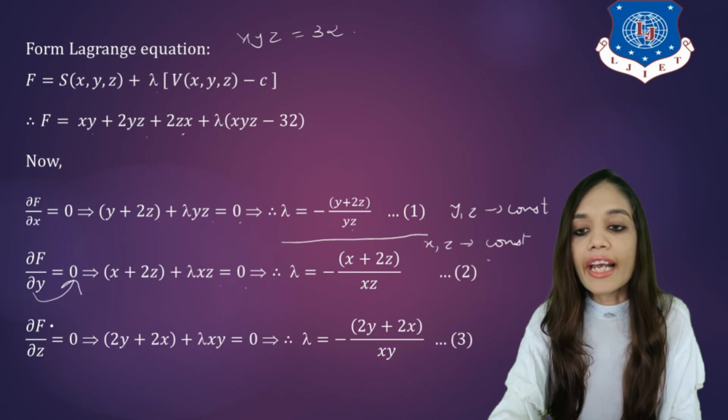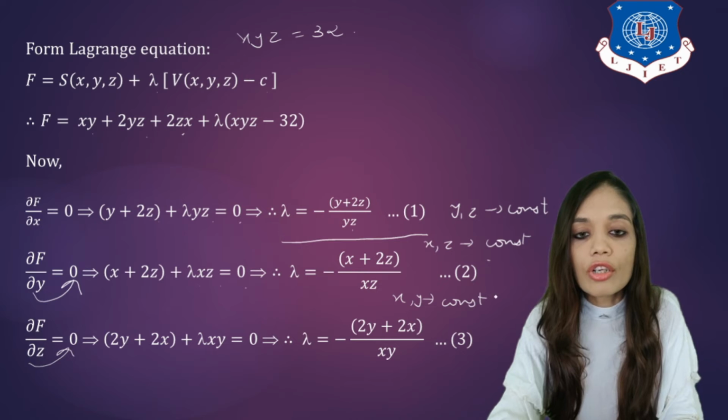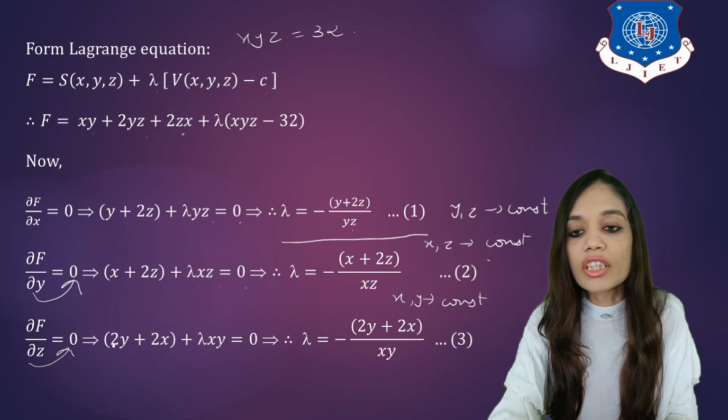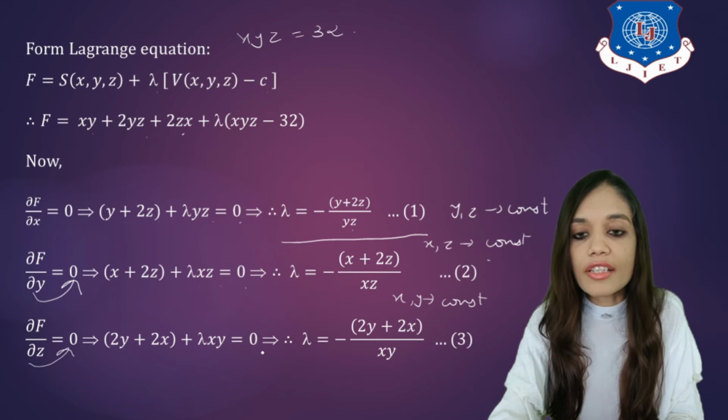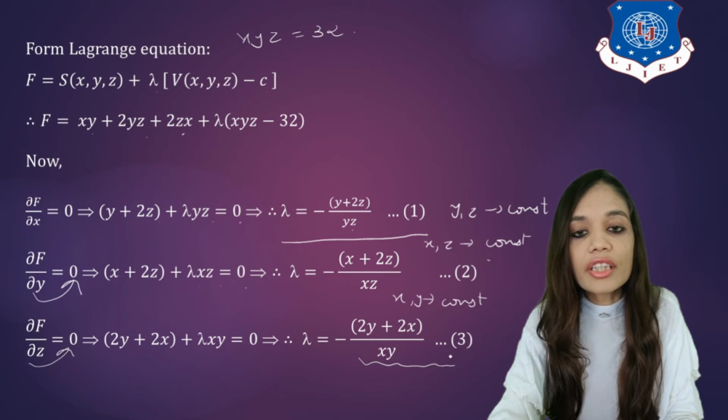Lastly, find del F by del z and equate it to 0. Here you have to keep x and y constant. So keeping these two constant, you will get 2y plus 2x plus lambda times xy is equal to 0. Therefore your lambda will be equal to minus (2y plus 2x) upon xy, and name this as equation 3.